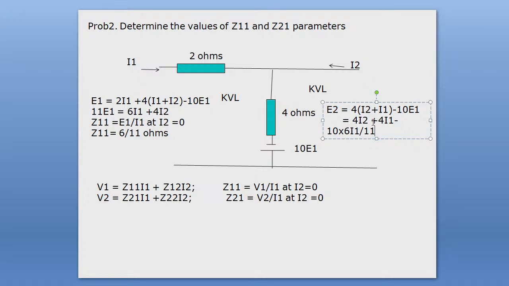We can write 4I2 plus 4I1 minus 10E1, where E1 equals (6 by 11) into I1. Let me write it in the bracket: E1 equals 6 I1 by 11.